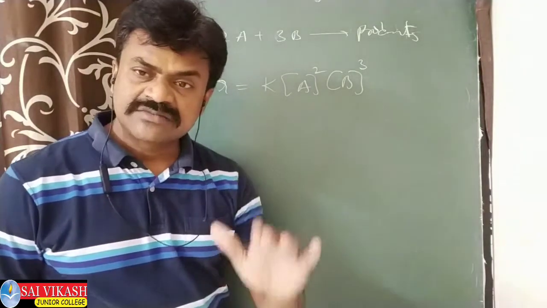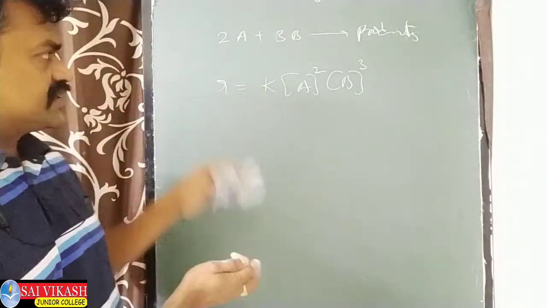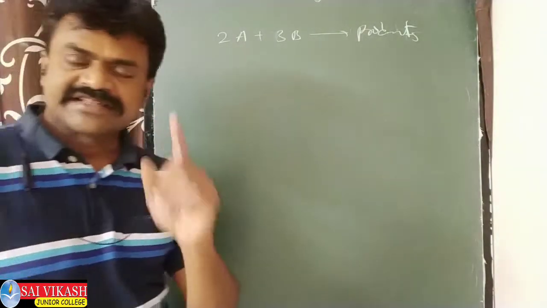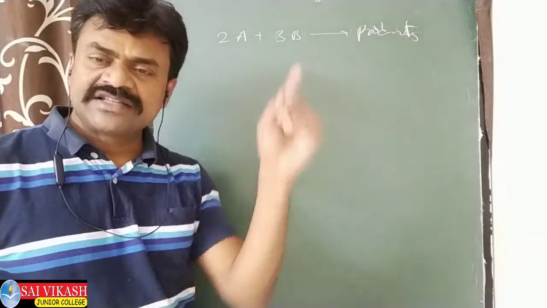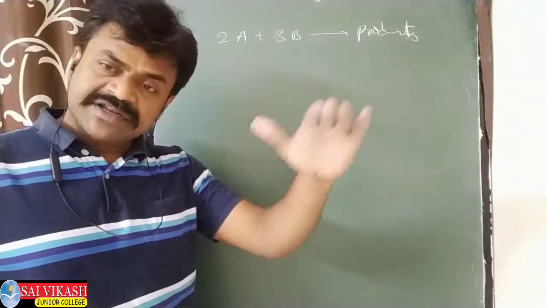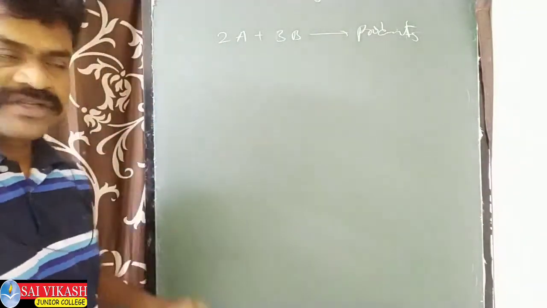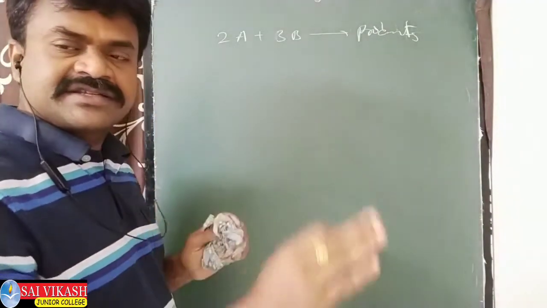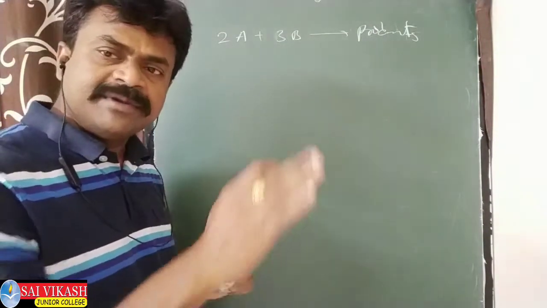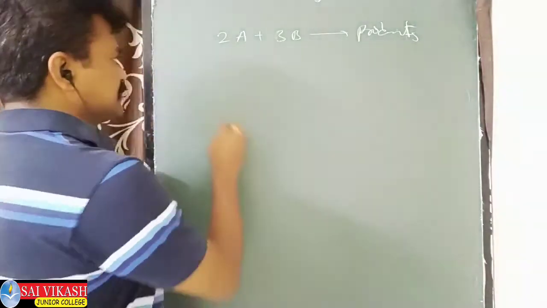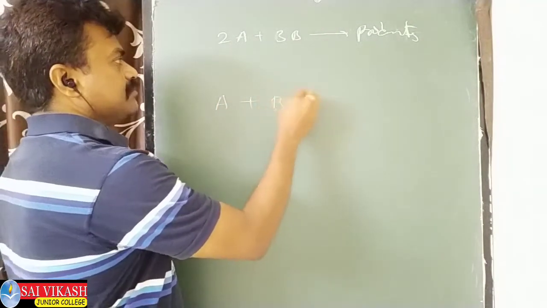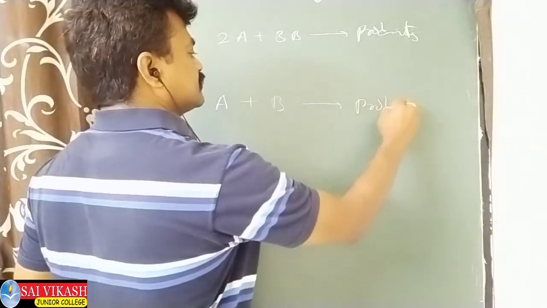Here the overall reaction is there. Suppose, see, this is the overall reaction. In exams they will give, for this reaction the rate determination step or the rate limiting step is A plus B gives products.